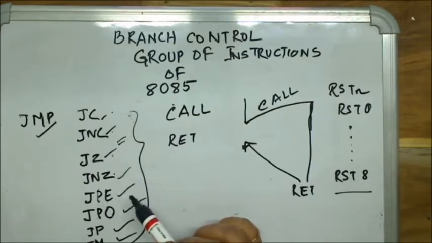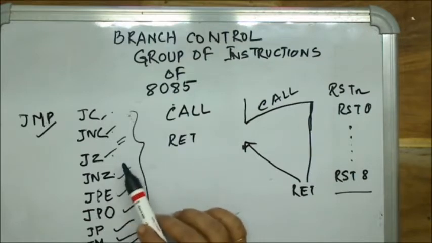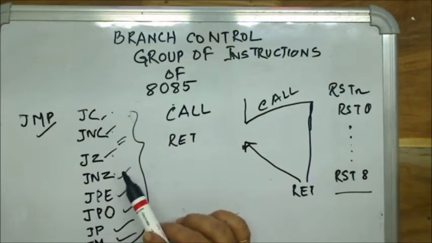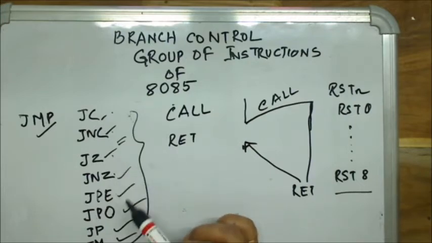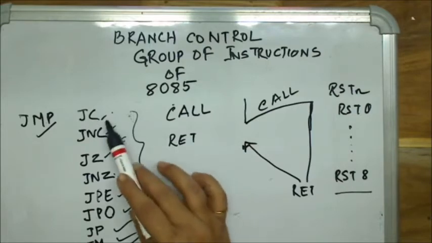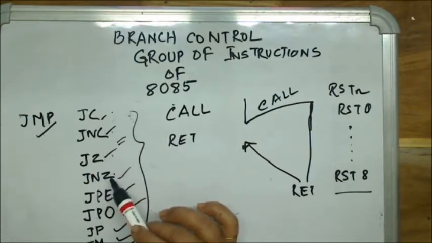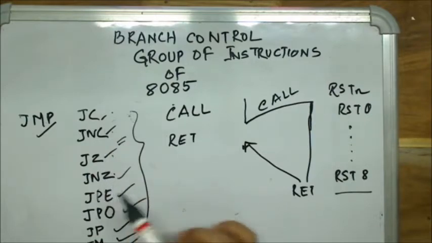Some are very important from programming point of view, but some you just need to know that they exist, not in details. Especially the first four, jump if carry, jump if no carry, jump if 0, and jump if not 0, are very important from programming point of view.